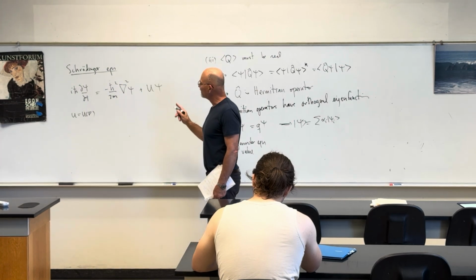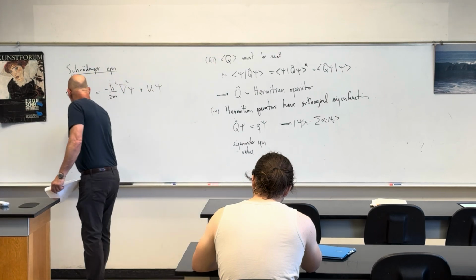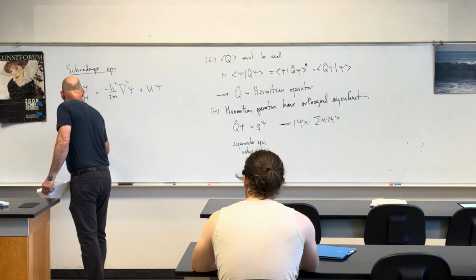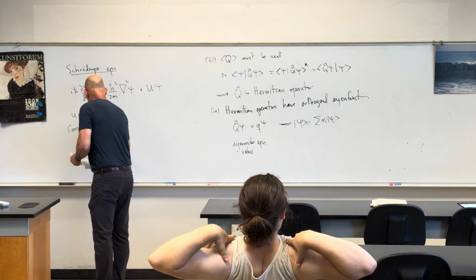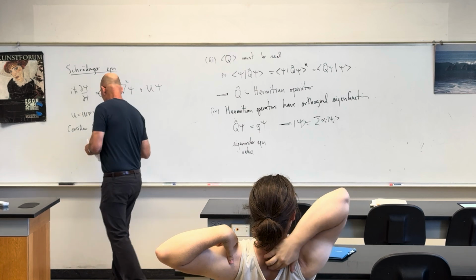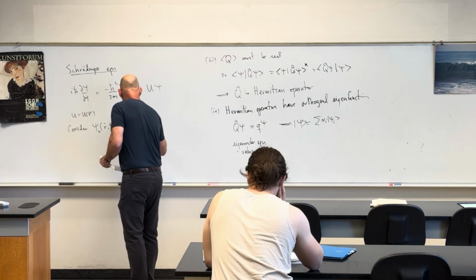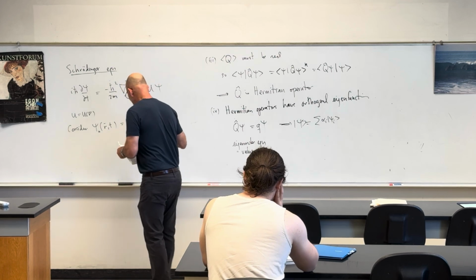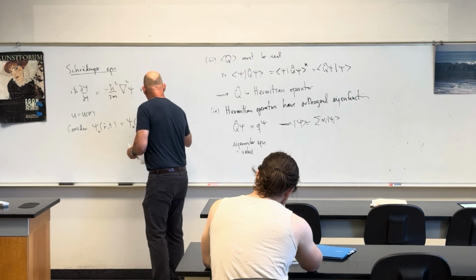So to put this in a form where we can recognize what we've just been doing, we consider the time dependent part. So we consider functions of this form. They're functions of position times e to the minus i E sub n t over h bar.